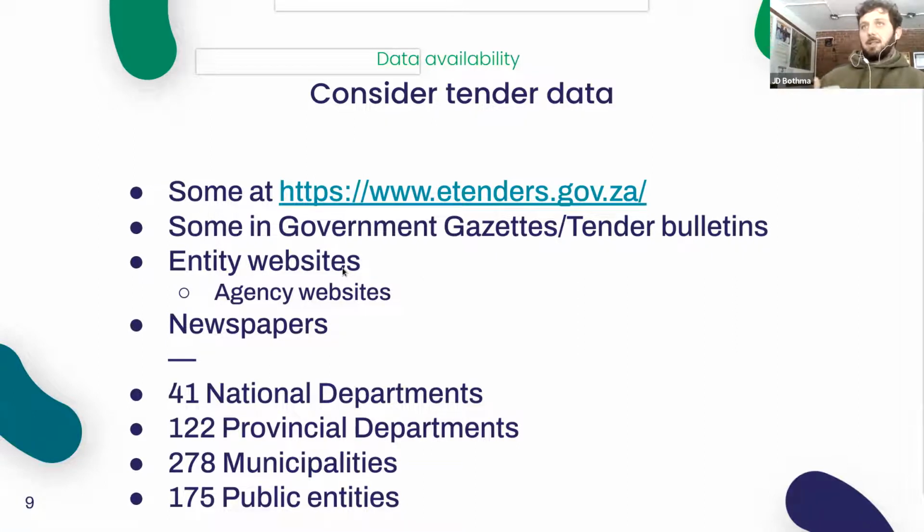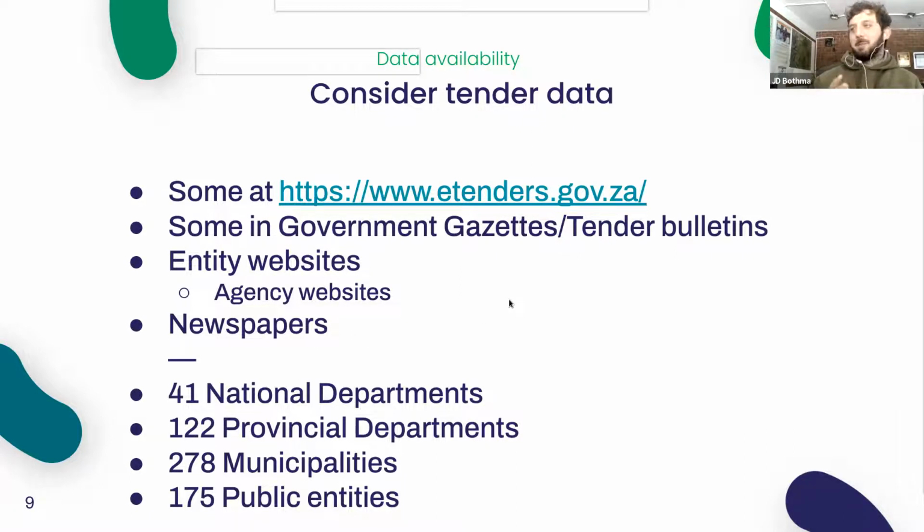As an example, National Treasury is a national department in South Africa. It has, I guess you can call them agencies or sub-units, the Office of the Chief Procurement Officer and GTAC and a number of other sub-units, each with their own procurement pages. So even within a department, you don't have centralized procurement data. And then tenders are also published in the newspaper.